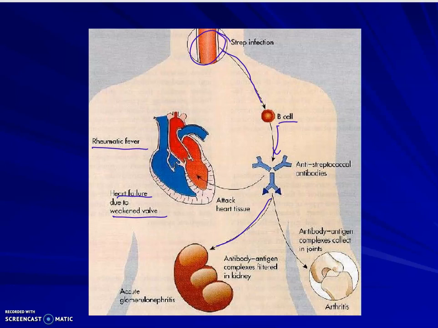If these antibodies attack the kidneys, then you would end up with acute glomerulonephritis. In this case, the antibody-antigen complex is filtered in the kidneys, and also we can end up with arthritis. In this case, the antibody-antigen complexes, they will collect in the joints.